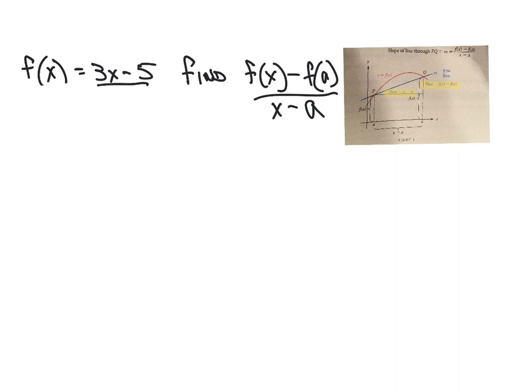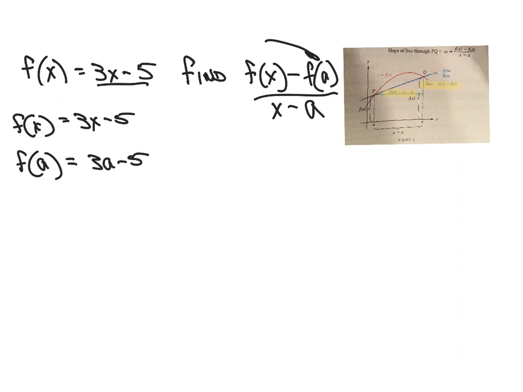So it's not like I have to do any work here. My f of x, in fact, I do like to write it down, even though it's a second time. And then I'm going to find my f of a. F of a just basically means that I'm going to put a in for x. Okay, so there's those two right there. So that's all I need.